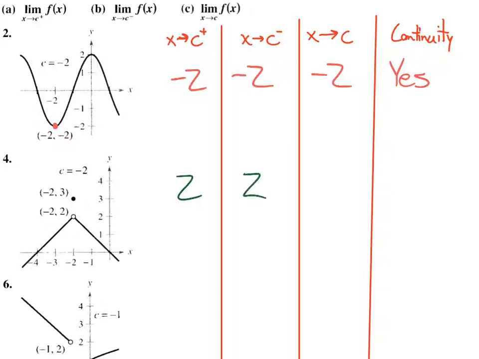So what's the limit as x approaches c? It's 2. Is this continuous? No. So, what conclusion can we make based on these two examples about limits and continuity? As long as it's continuous leading up to the point, it should be fine.